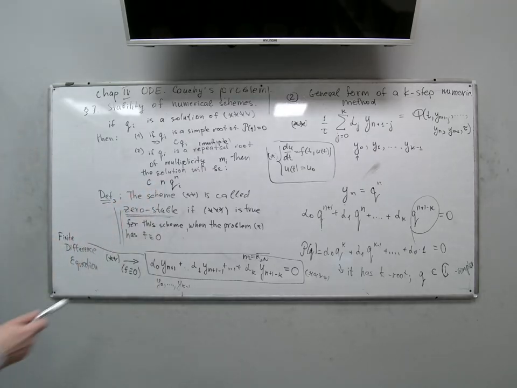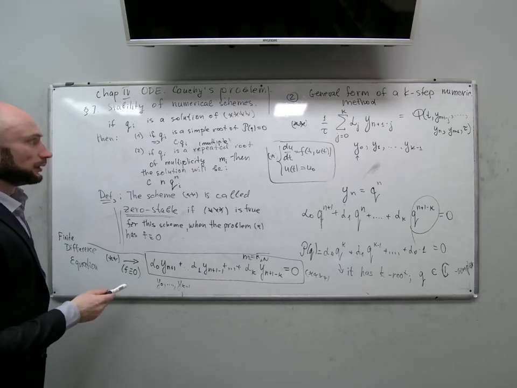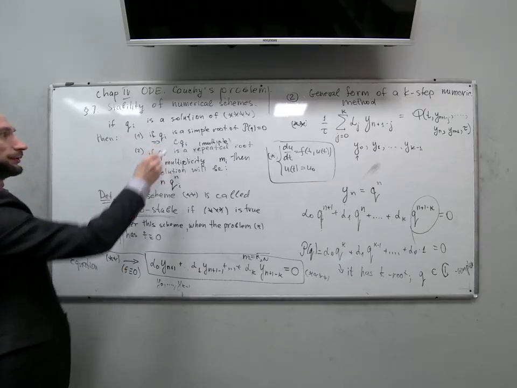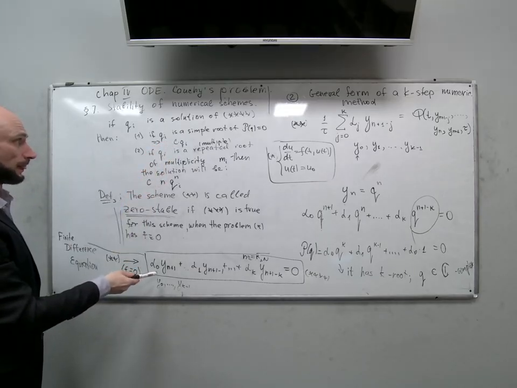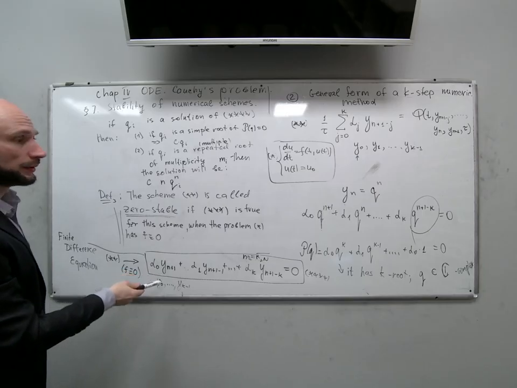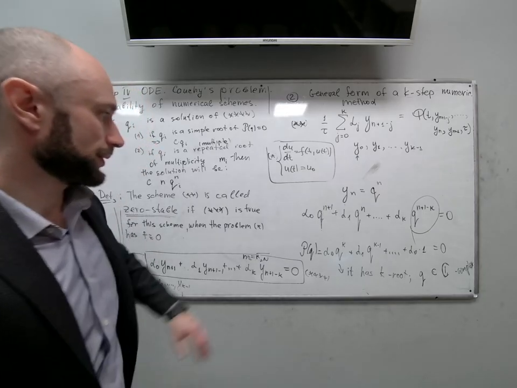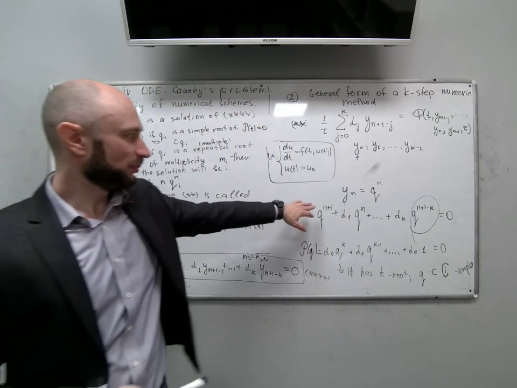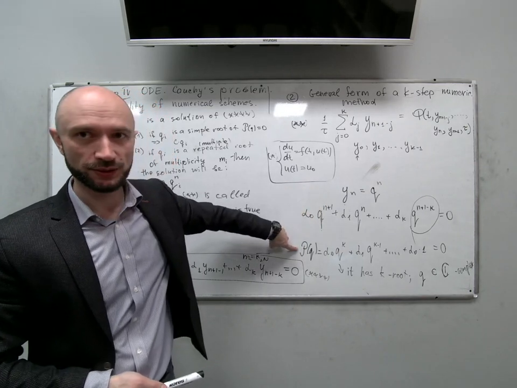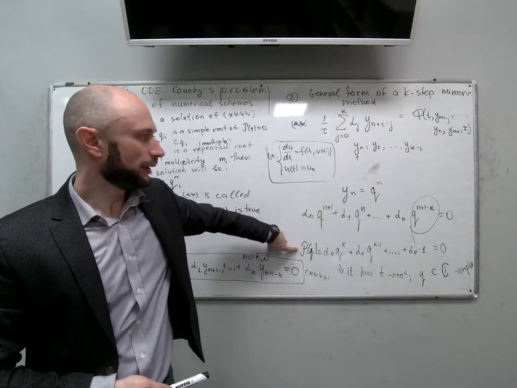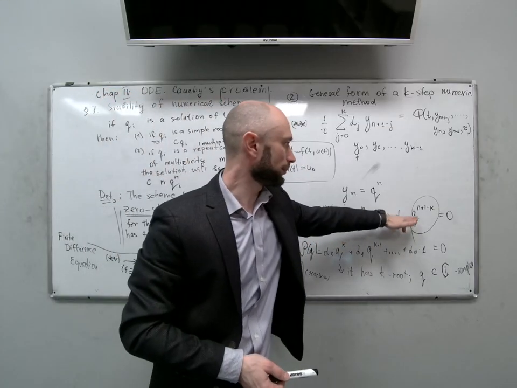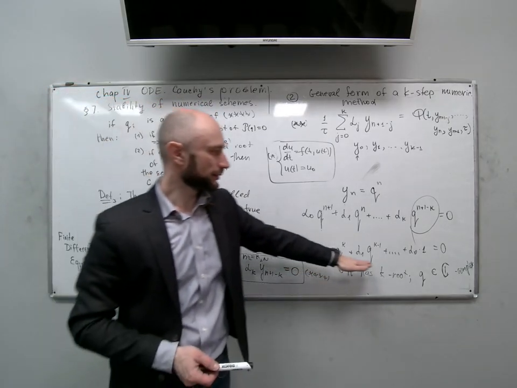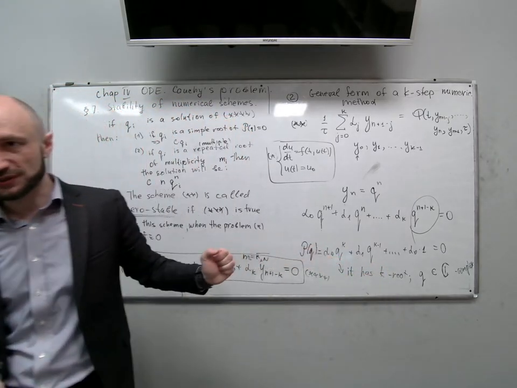Sorry, what did you say? For simple roots, we should have q to the power of n also. No, because q is a root of this characteristic equation. n played a role when we formulated this characteristic equation, and we divided the whole equation by q to the power n plus 1 minus k. And we got the characteristic equation, and then we got its roots.